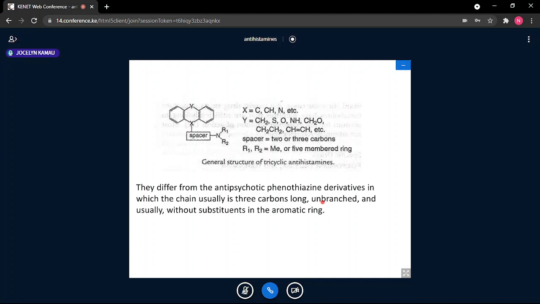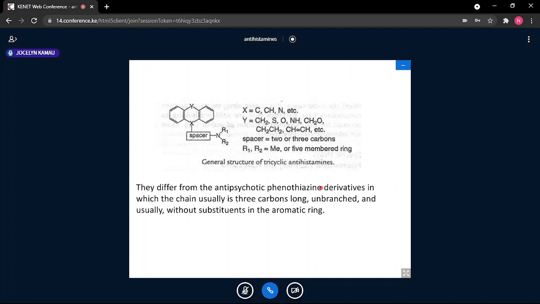It is 3 carbon long, unbranched, and usually they have a substituent in the aromatic ring. So they differ from the antipsychotic phenothiazine derivatives, in which the chain usually is 3 carbon long, they are unbranched, and usually they have a substituent in the phenyl ring. The word without was wrong.